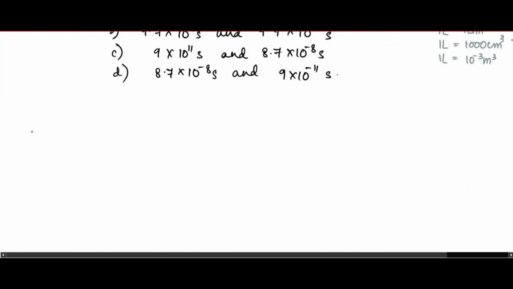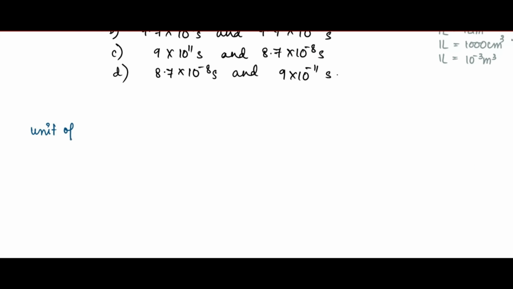The unit of the rate constant in the general formula is moles per decimeter cube to the power 1 minus n, per time. For example, if it is zero order, n is equal to 0, so 1 minus 0 gives moles per decimeter cube per second.